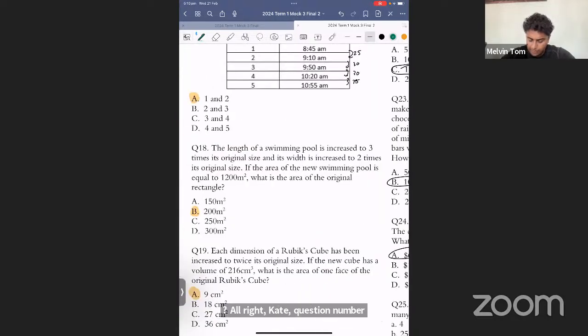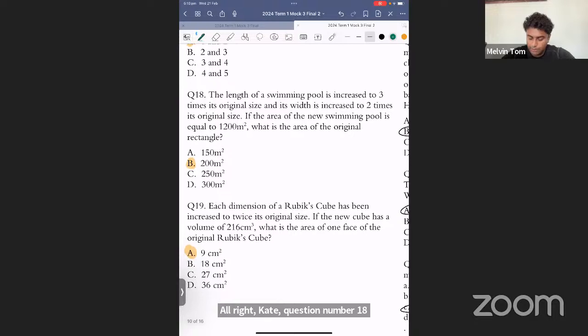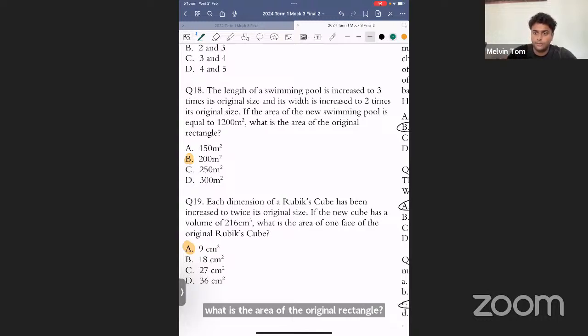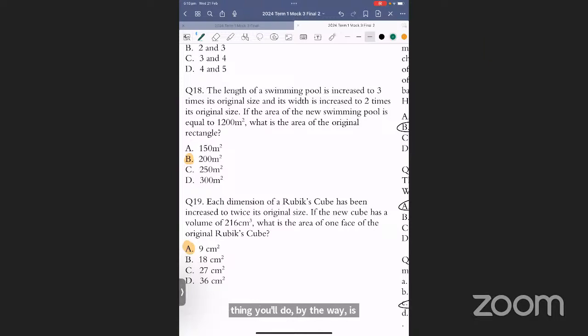The length of a swimming pool is increased to 3 times its original size, and its width is increased to 2 times its original size. If the area of the new swimming pool is equal to 1,200, what is the area of the original rectangle? So again, you just break this down, Kate. Is Kate your name or your parents' name? Yes. Okay.